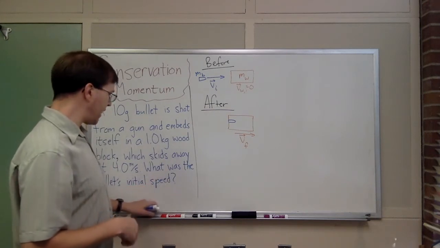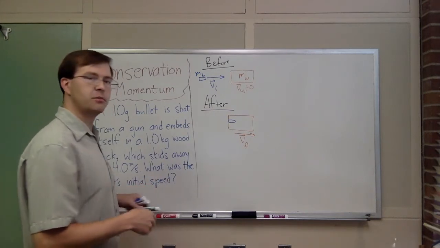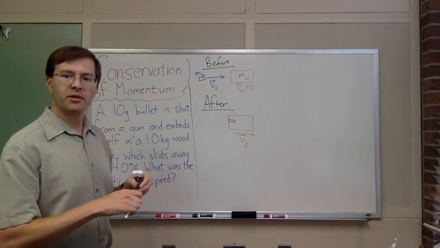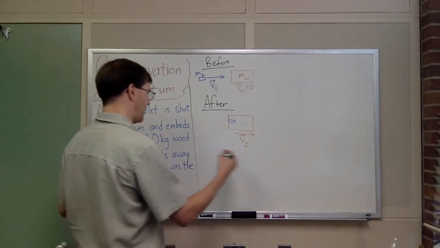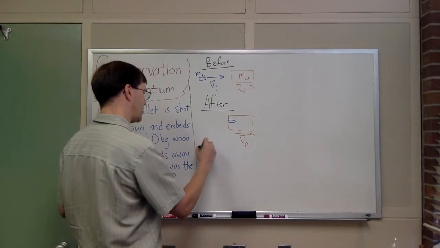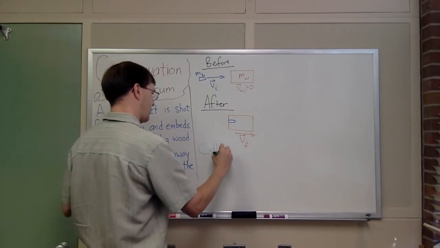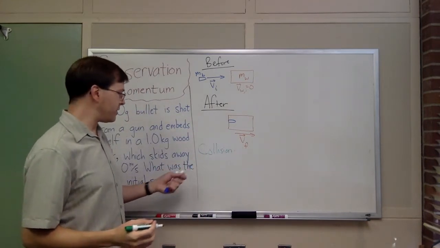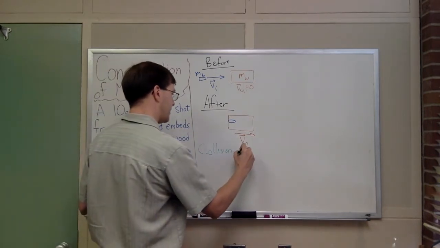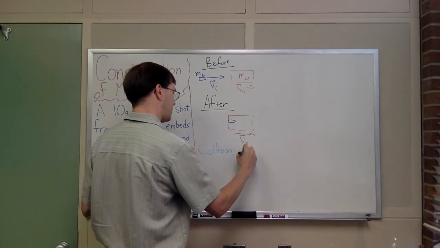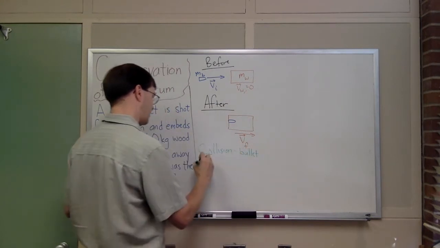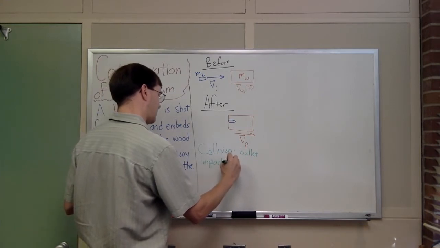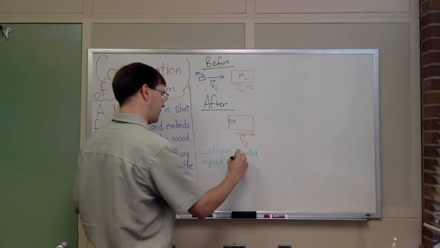And the thing to look at here, I have to make some assumptions to be able to make this conservation of momentum problem work well. In particular, I'll note that this is a collision. And the idea of it being a collision is that the bullet's impact is the biggest effect while it's happening.